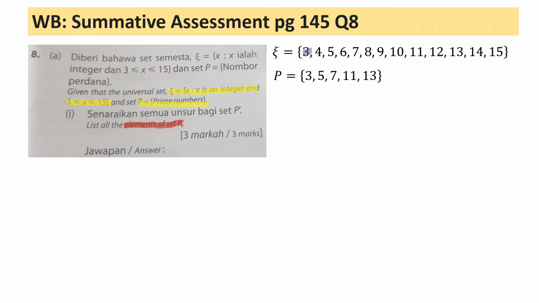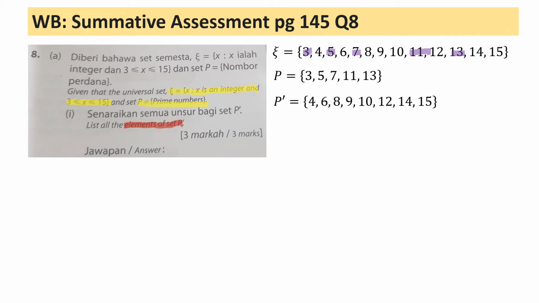So 3, 5, 7, 11, and 13 will be cut off, and the remaining will be P prime, which is 4, 6, 8, 9, 10, 12, 14, and 15. So these will be the elements of set P prime.